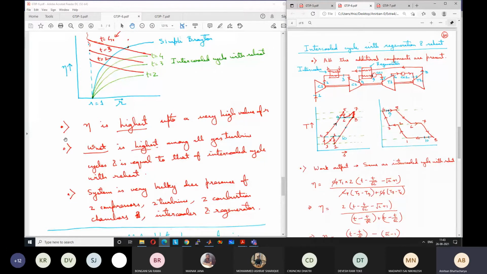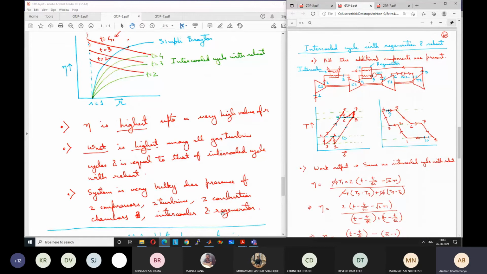So in ideal scenario, this would have been my ideal case, if I want to build a gas turbine. But there are a lot of drawbacks. The system becomes very bulky due to the presence of two compressors, two sets of turbines, two combustion chambers, one intercooler, which is again a very bulky heat exchanger, and you need external water supply, and then a regenerator, which is also a large heat exchanger.